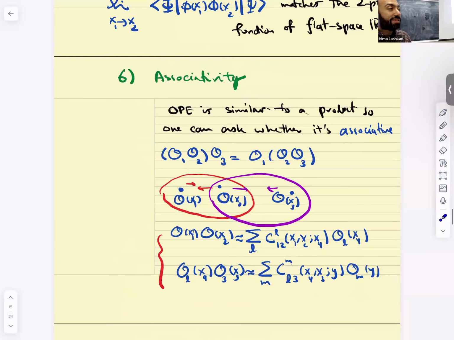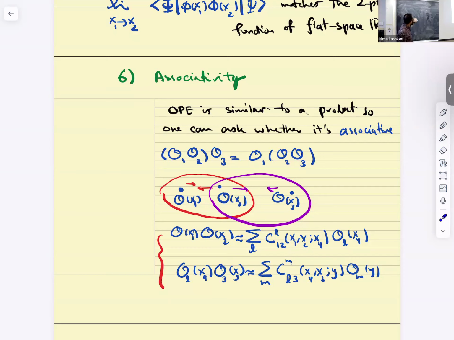There is one other condition. This is perhaps the craziest one. Well, I can't say most important, but it's a very, very important one. The operator product expansion is associative, it should be associative. What does it mean? So how are we going to use the operator product expansion? Let's say you have a three-point function in some state psi, which is Hadamard, so we're allowed to use it: O of x1, O of x2, O of x3.